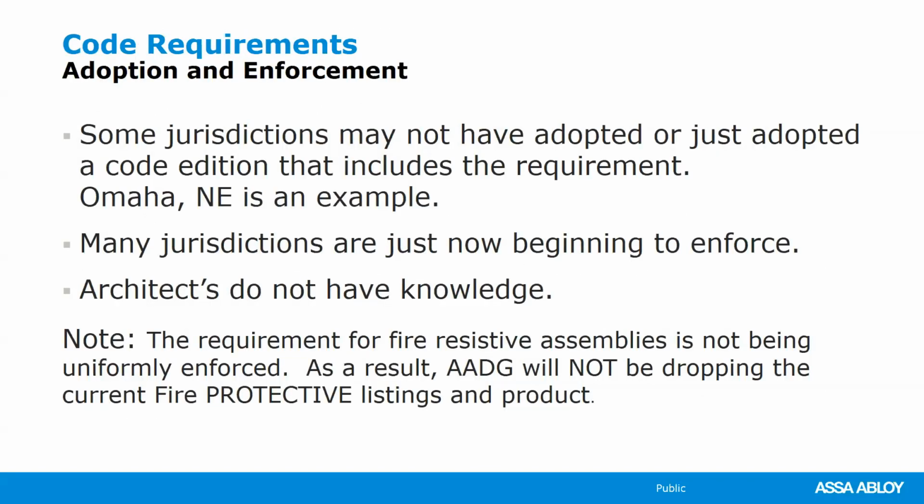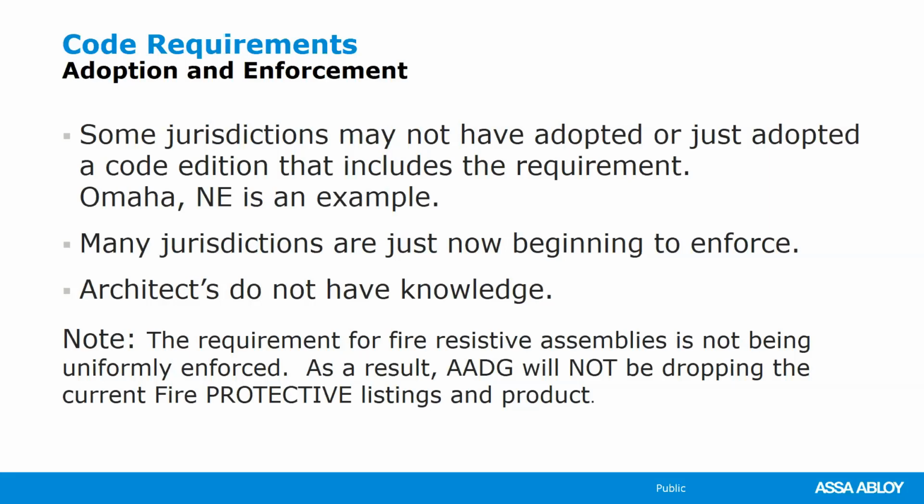As I mentioned about code requirements, adoption and enforcement of any code is very, very important. If you go back to the 2009 edition of the IBC, the International Building Code, fire resistive was required. It's probably very unusual that an area of the country has not adopted a code that requires or includes ASTM E119 or fire resistive being required for an assembly with glass.